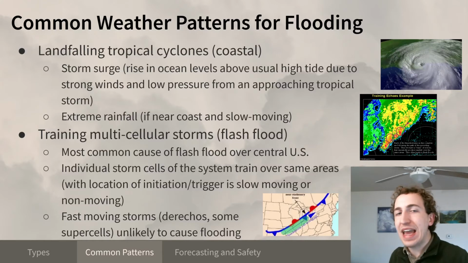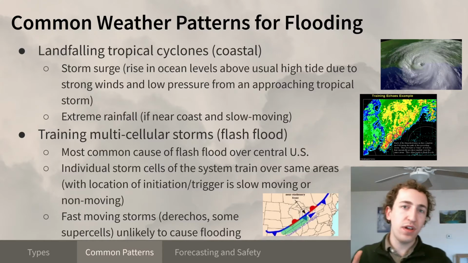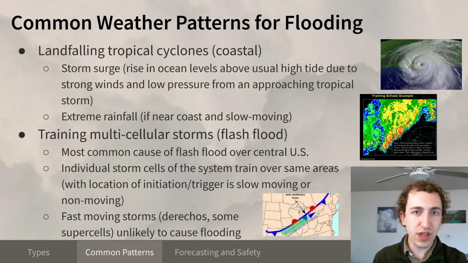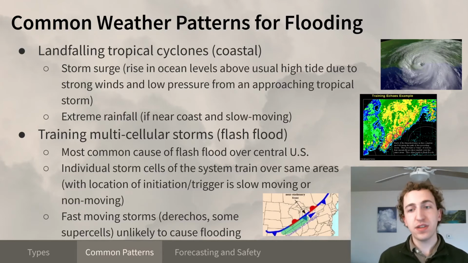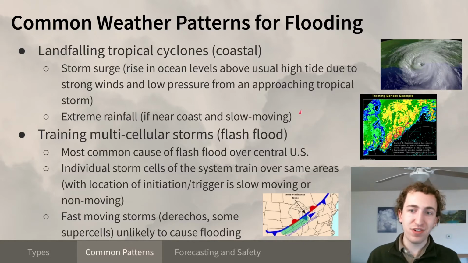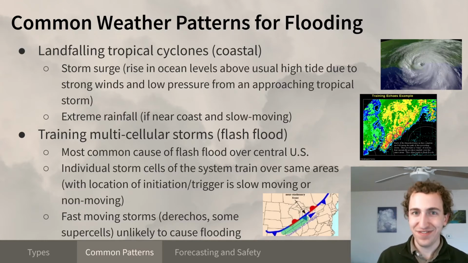Of course, if you have repeated exposure to supercells, or a lot of rain beforehand and then a last bit of a deluge from a supercell coming through, that can still cause flash flooding. But on their own, fast-moving storms really don't tend to cause these types of flash flooding hazards. When you have training multicellular systems, where you have continued development, they definitely do.